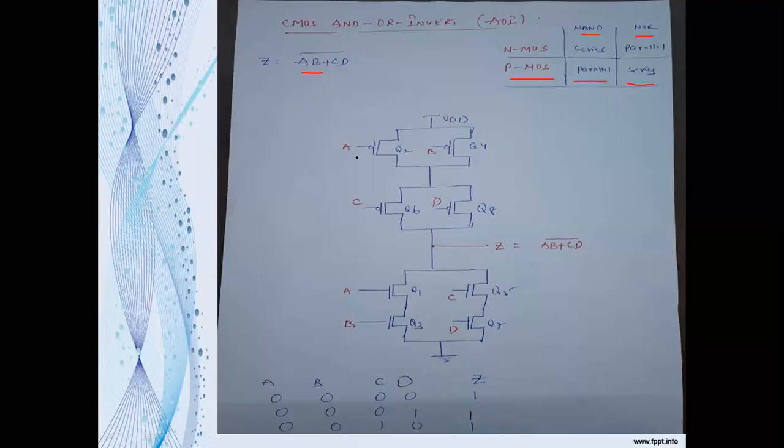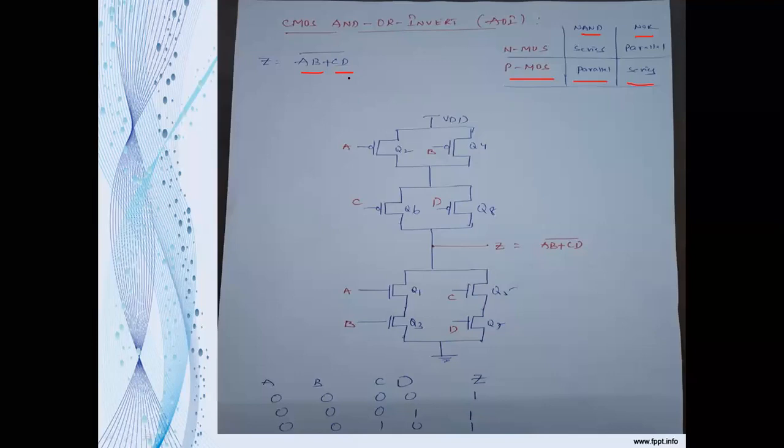So now let's take the AB. First, you implement that AB. In a NAND or AND operation, the PMOS transistors are in parallel, so that's why A and B are in parallel. And take the second one, CD. It is also an AND operation.